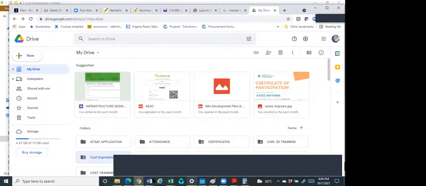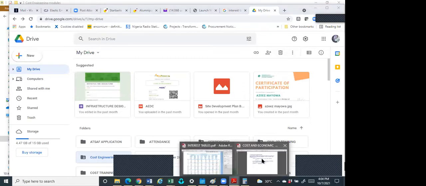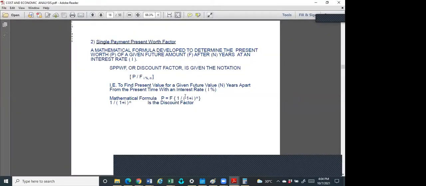So open your interest table, please, so that you understand this. You don't need to memorize. Let me digress a little bit. One of the unfortunate things about our educational system, which we borrowed from the British, is that we are more focused on how to cram things, how to memorize things.